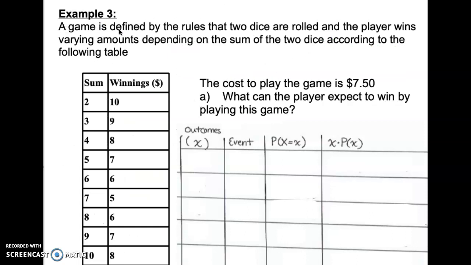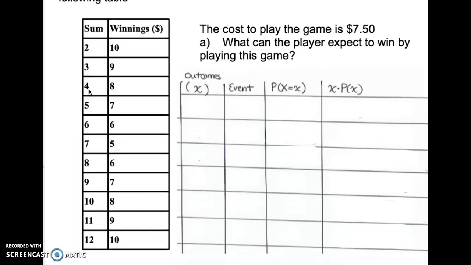Okay, the next example here is a game is defined by the rules that 2 dice are rolled and the player wins the amount depending on the sum of the dice in the table below. So here we have the sums, once again, 2 through 12, and each sum corresponds to a specific winnings.